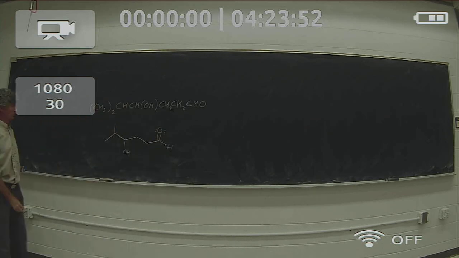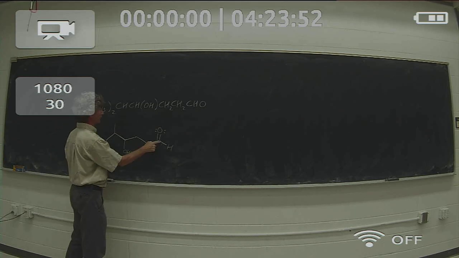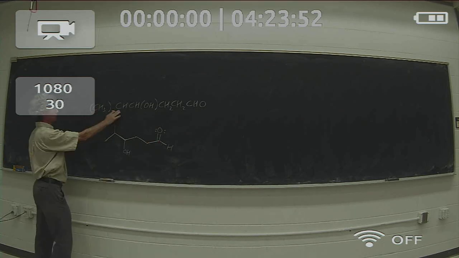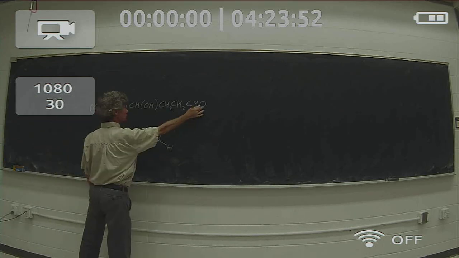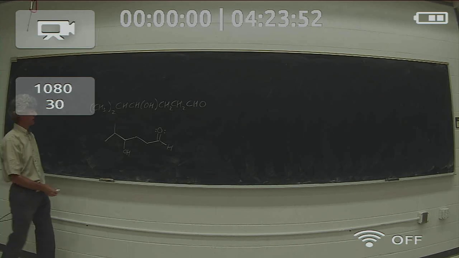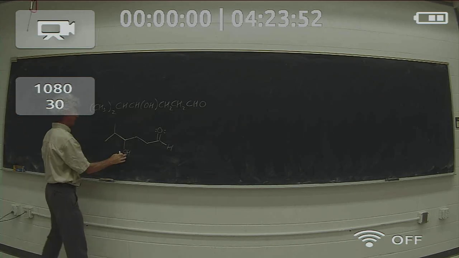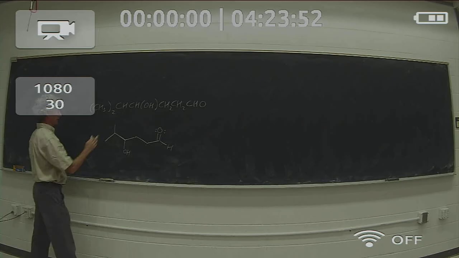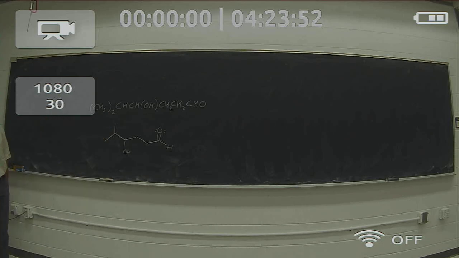So this would look like that. 1, 2, 3, 4, 5, 6, 7 total carbons. The end carbon is attached by a double bond to 1 oxygen and a single bond to a hydrogen. This OH group in parentheses, the entire group is attached to the carbon to its left. And then 2 CH3 groups are attached to the initial carbon.